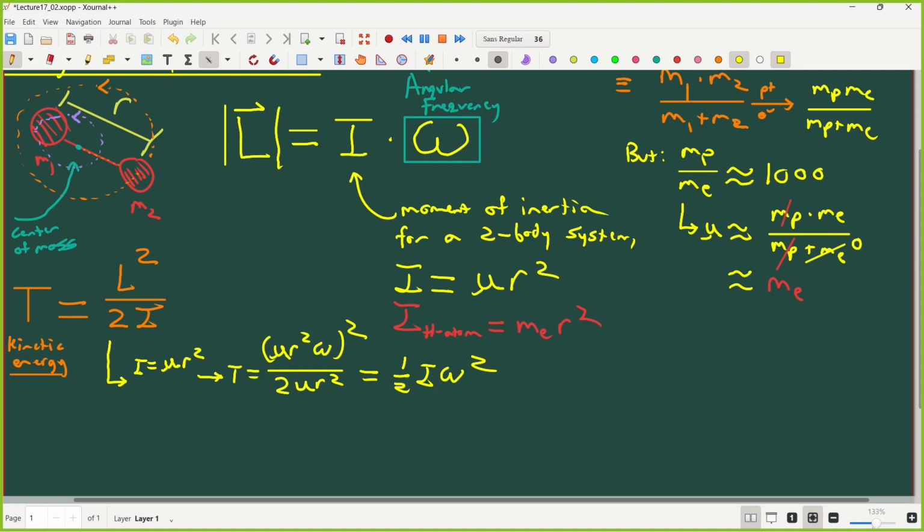And this is just kinetic energy, but now we've just made all of the terms a little funky. Remember that for linear momentum, moving something in space linearly, like me walking across that, the kinetic energy is 1/2 mv squared. And we have the same kind of form here: the kinetic energy of rotation, the angular energy of something rotating, is 1/2 times its effective mass, I here, times its velocity squared, its frequency squared.